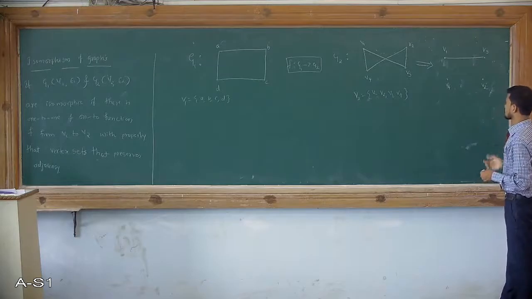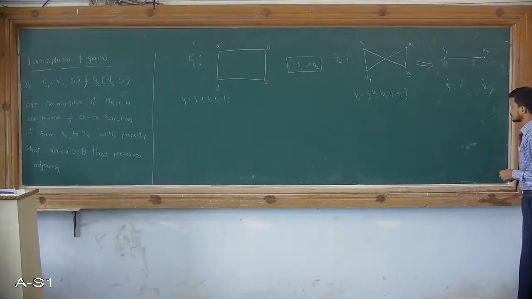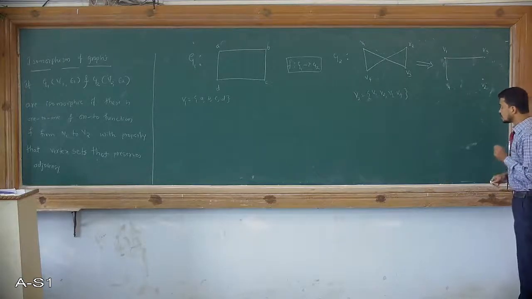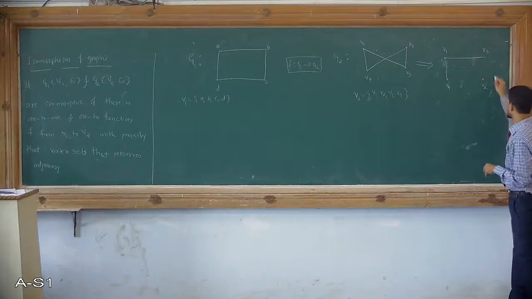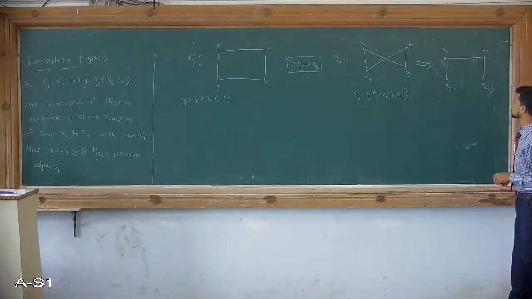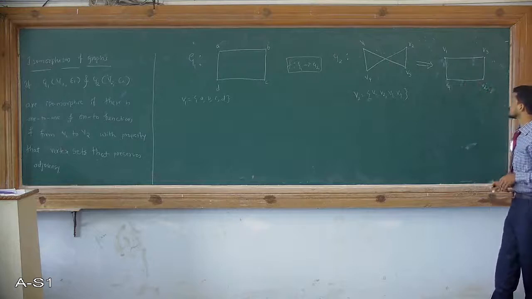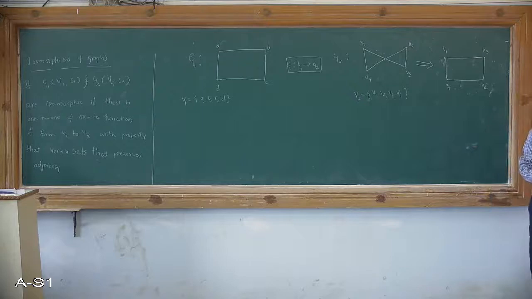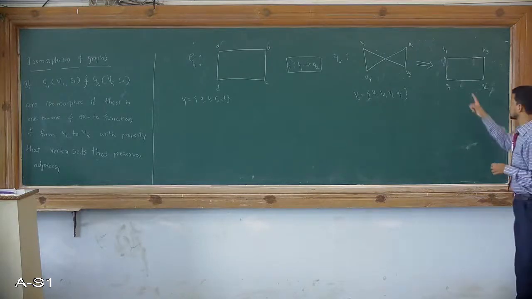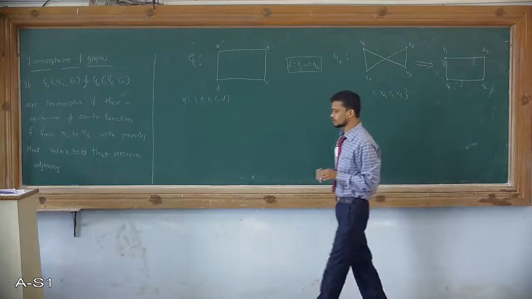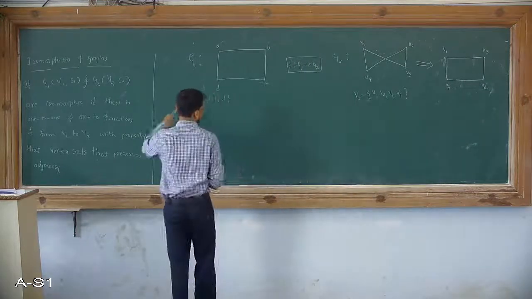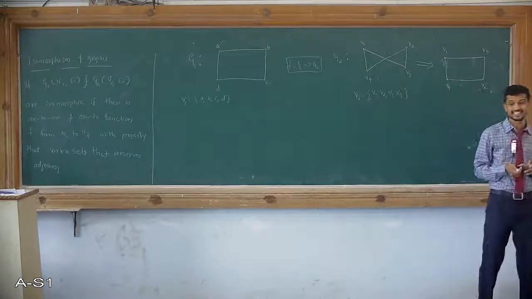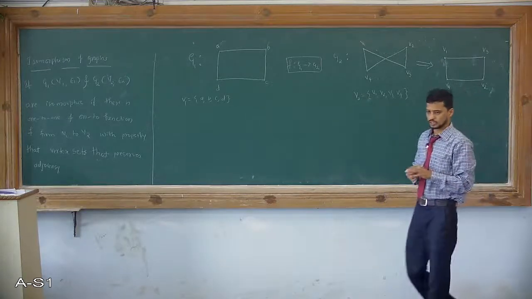V1 and V3 are connected, but V1 and V2 are not connected here. V1 and V4 are connected, yes. V3 and V2 are connected, yes, and V2 and V4 are connected. If you see this graph, it carries the adjacency, and these two graphs are the same. If you observe the first graph G1 and this graph, they are exactly the same. So we can say graphs G1 and G2 are isomorphic graphs.